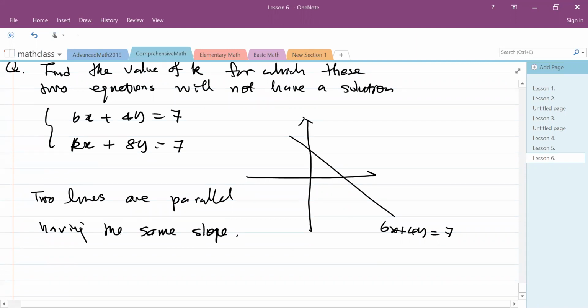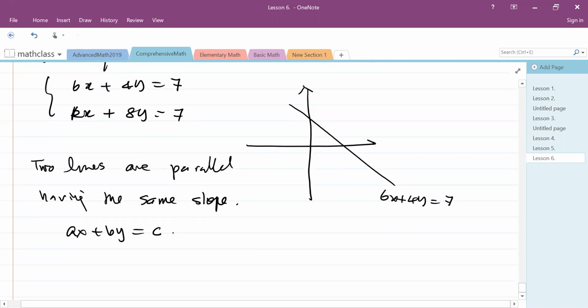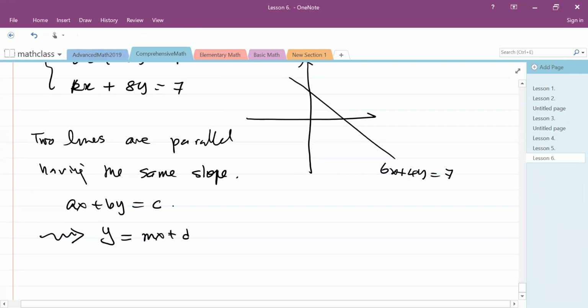Now, how do you determine the slope of the line if you know the equation? If you have ax plus by equals c, then you simplify, you get y equals mx plus, let's say, d.